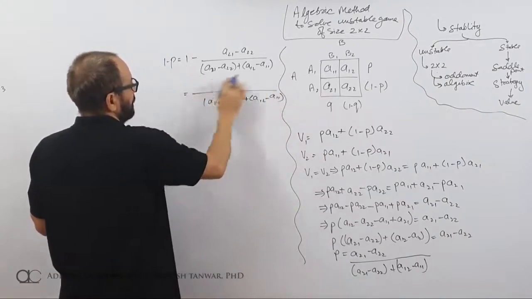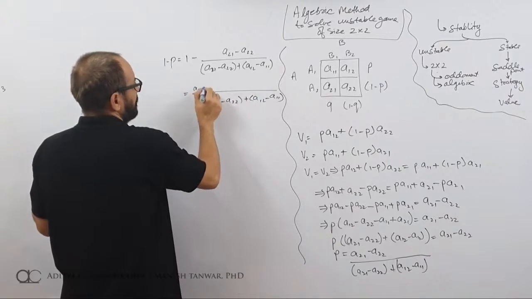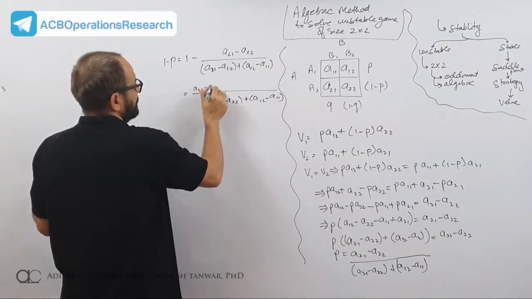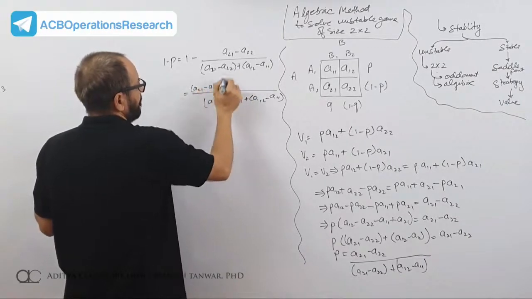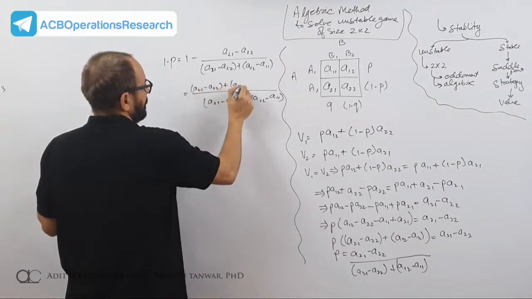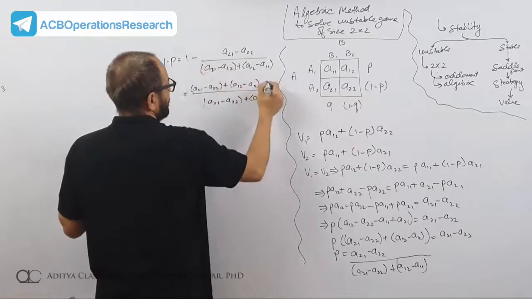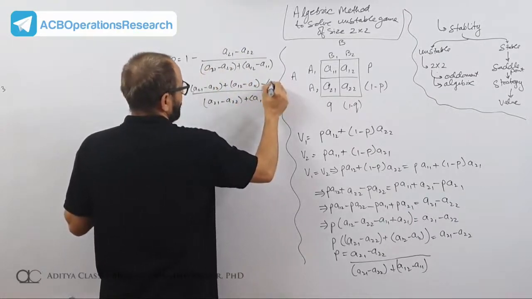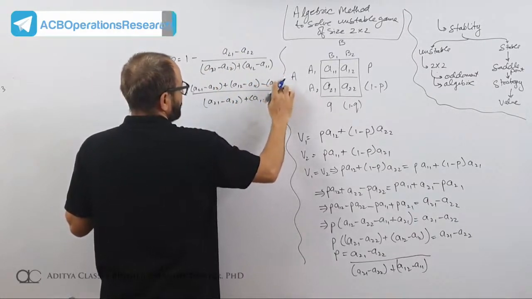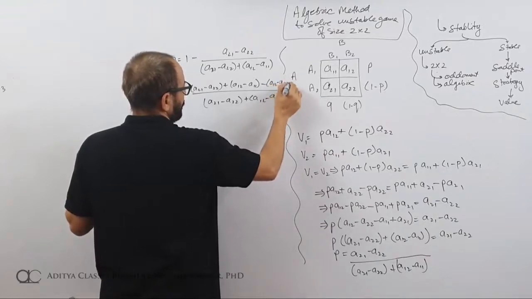Making it A21 minus A22 plus A12 minus A11 minus A21 minus A22.